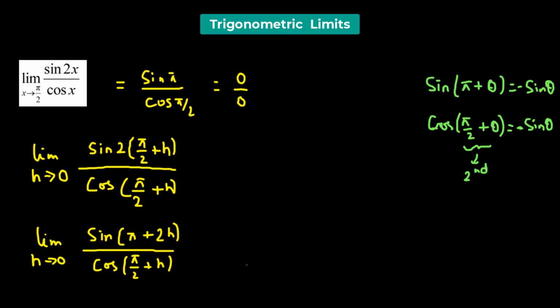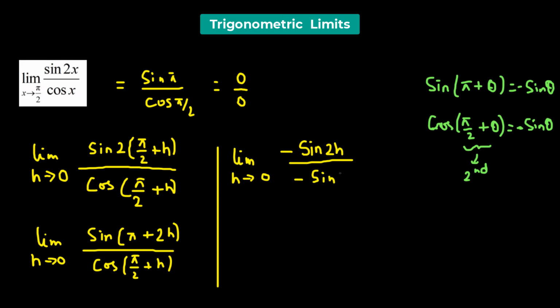So we have negative sine theta. So that gives us limit h approaching 0. So we have negative sine of 2h divided by negative sine of h.